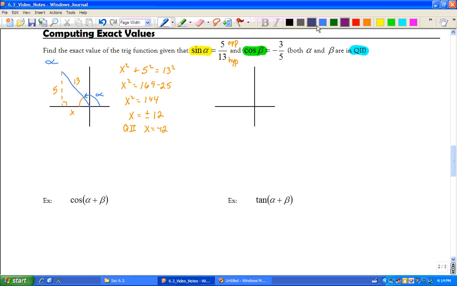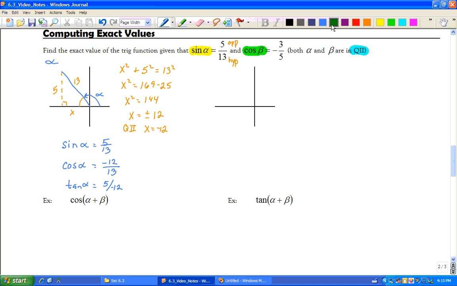And then if we set up our other trig identities, we already know that the sine of alpha, which was given to us as 5/13, cosine of alpha is adjacent over hypotenuse, so that's -12 over 13. And then the tangent of alpha, which is opposite over adjacent, is going to be 5 over -12, or -5/12.